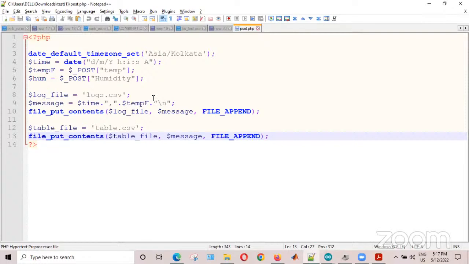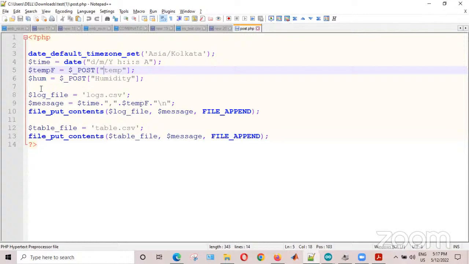It is only providing temperature and humidity data. So we are first generating the time data, pulling the time from the server itself. First, we say that the default time zone should be India, that is Asia/Kolkata. Then we generate the time in this format: day, month and year, and hours, minutes and seconds.